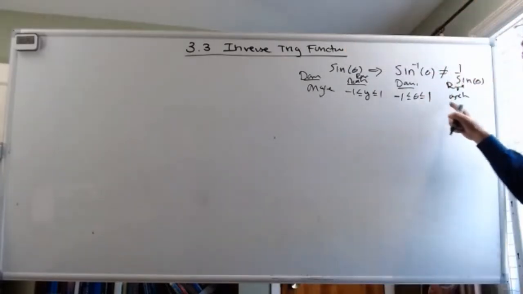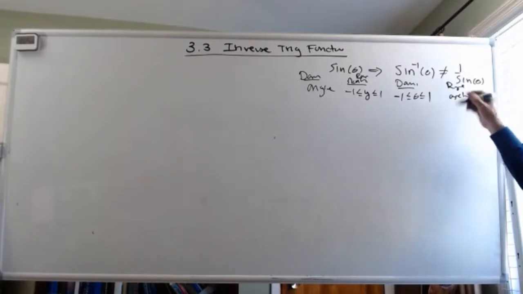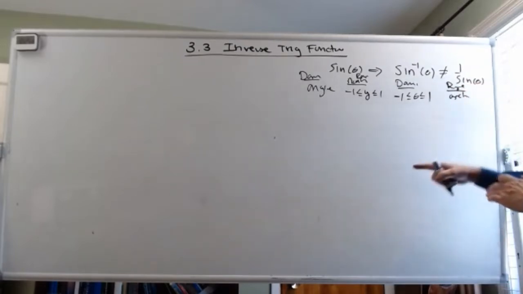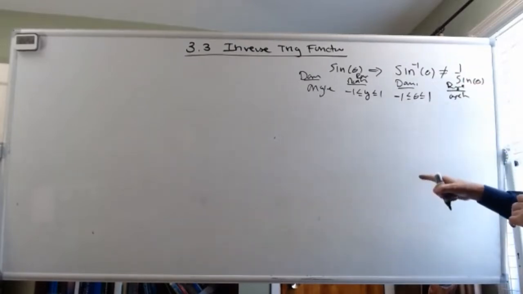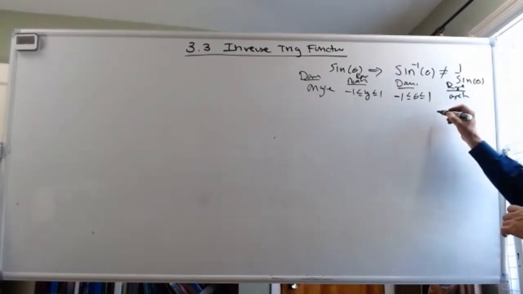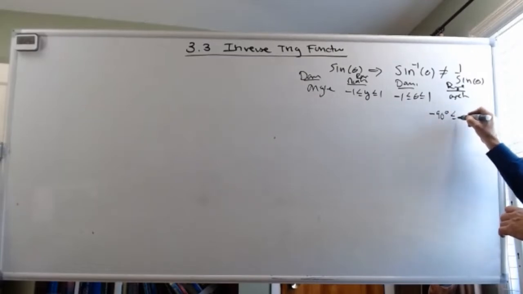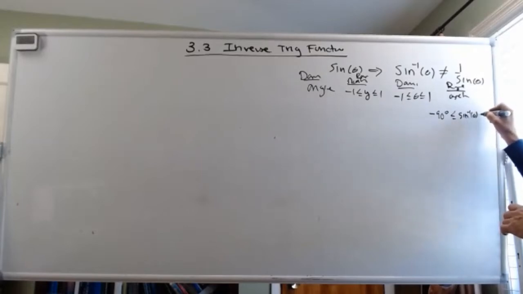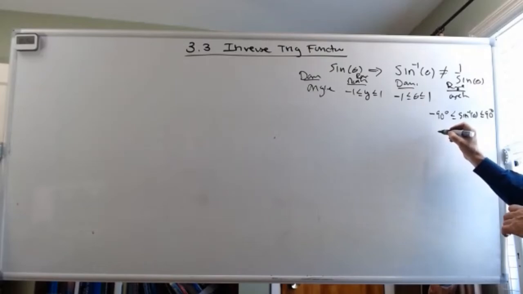But we're going to restrict the angles you're going to get. Because if you could get any angle, then you could get things that are not a function. So this is where we're going to restrict. We're only going to give you an angle between minus 90 degrees and plus 90 degrees. Or, in radian measure, minus pi/2 and plus pi/2.